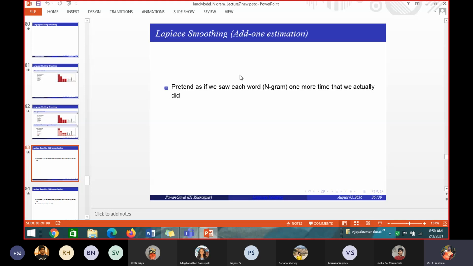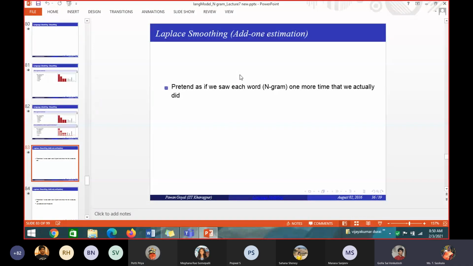I am adding 1 to the existing count. If the word is not existing in the data, I am acting in such a way that the word is seen at least once. If the word is present one time in the data set, it will be pretended as if it is seen 2 times.